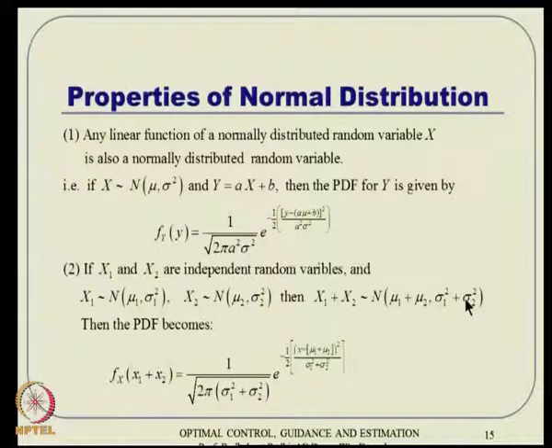Then the PDF becomes something like this. So it's easy. If you know that it's a normal distribution, then many things can be done just by looking at some of these nice properties.